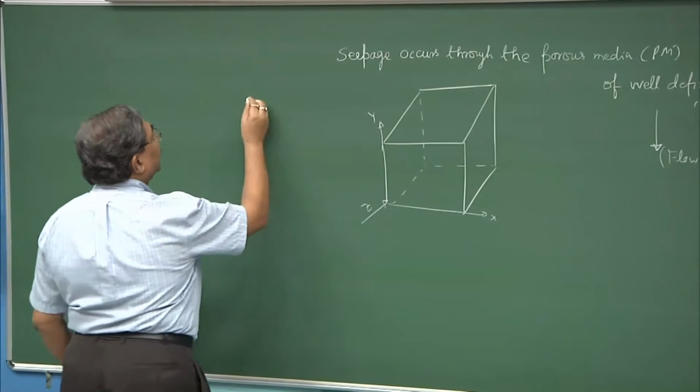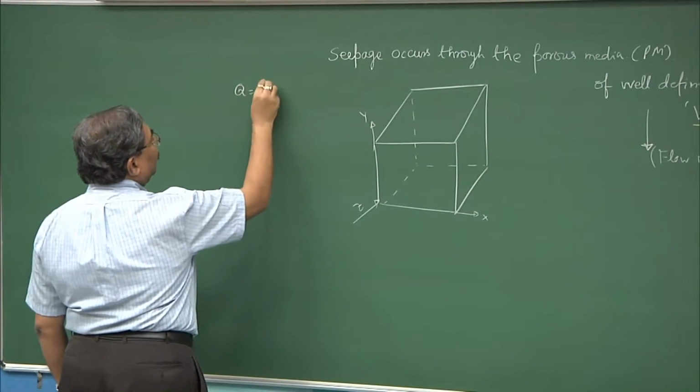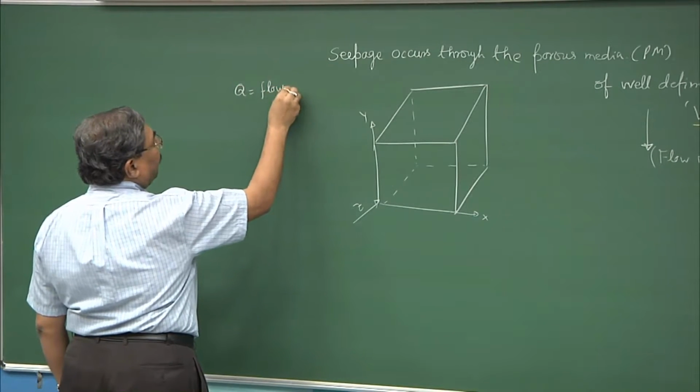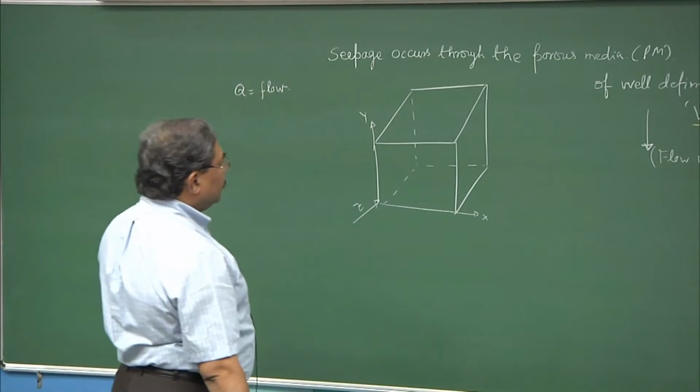So, if I say that the flow is Q, which is entering the control volume.